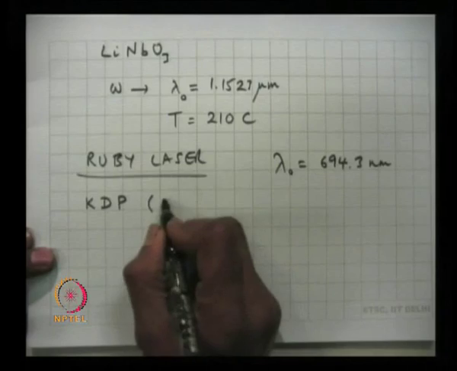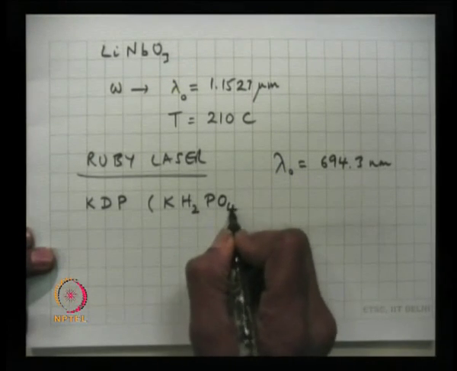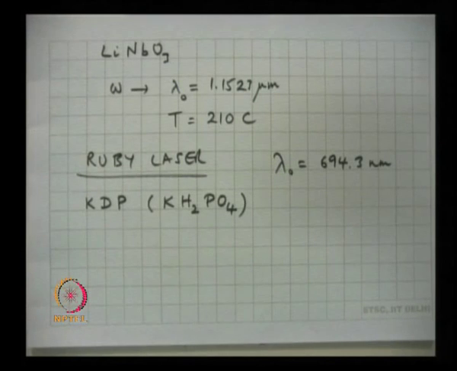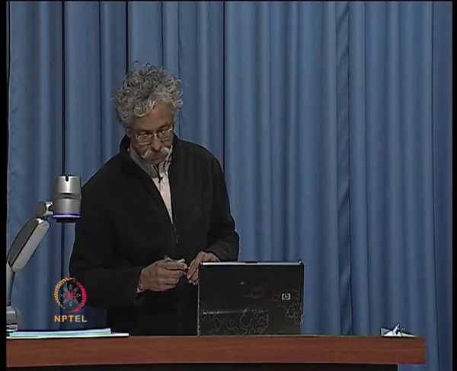This is KH2PO4, potassium dihydrogen phosphate. It is a uniaxial crystal. It is transparent in the visible, and it is used in many second harmonic experiments. You can grow big size crystals of this crystal.